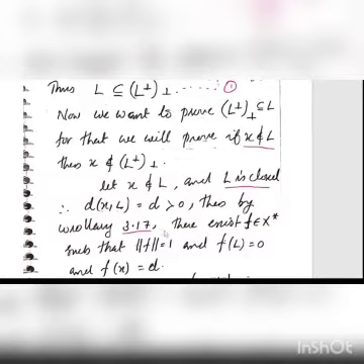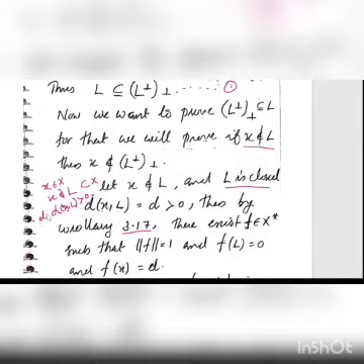That corollary says that if x belongs to X and x does not belong to a closed subspace L of X, then the distance between x and L is greater than 0, that's equal to d.